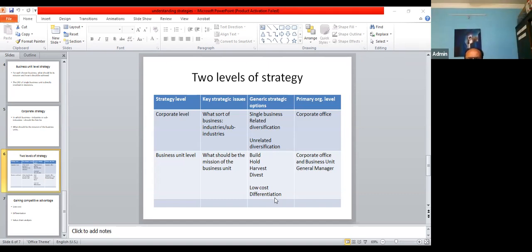differentiate from others. Then primary organization level: corporate office and business unit general manager. These are the organization levels. If you are talking about the corporate office and business unit, by default there is a general manager or a president who plays an important role there. Now, before I move to the next slide, please note down this slide, everyone, and then we will go on. Everyone, please note down.